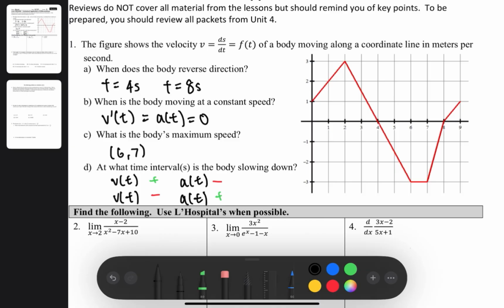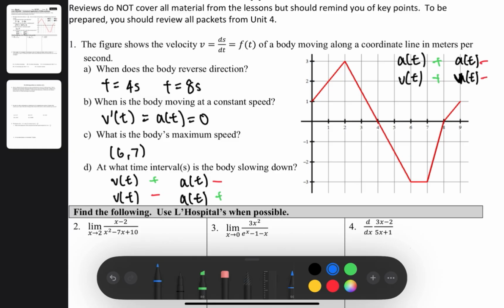So on a graph, we want to find our critical points. And what I mean by that is when our acceleration is positive, when our acceleration is negative, when our velocity is positive, and when our velocity is negative.